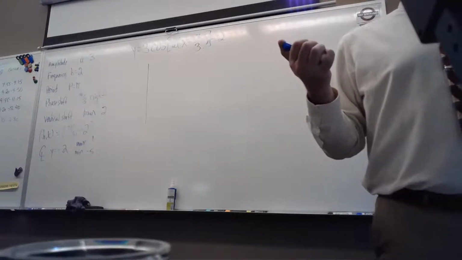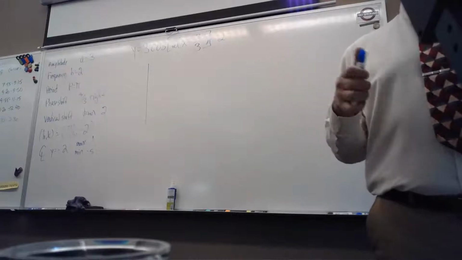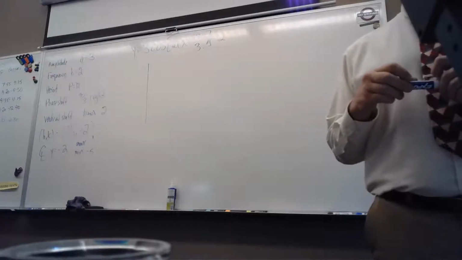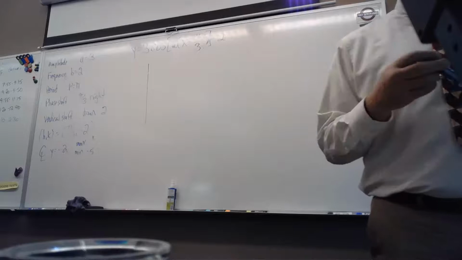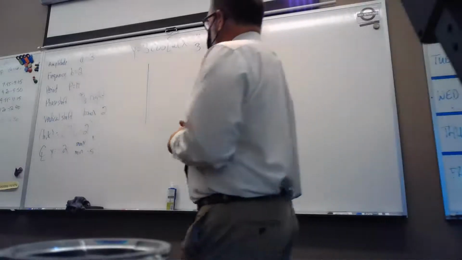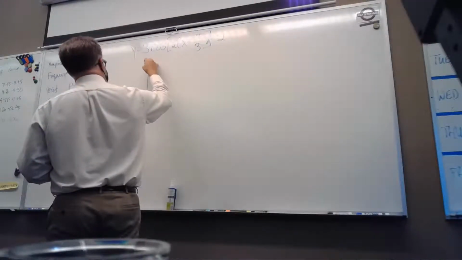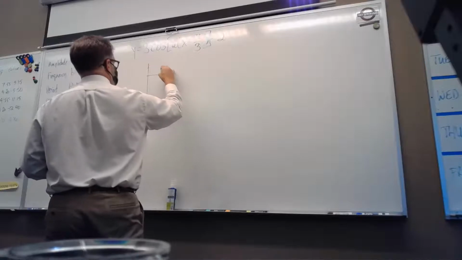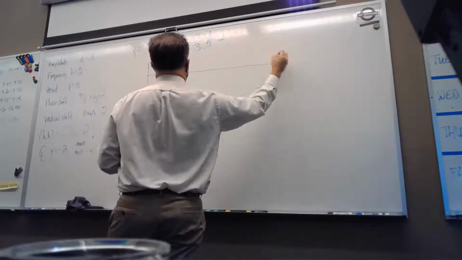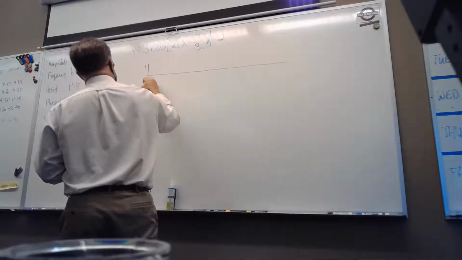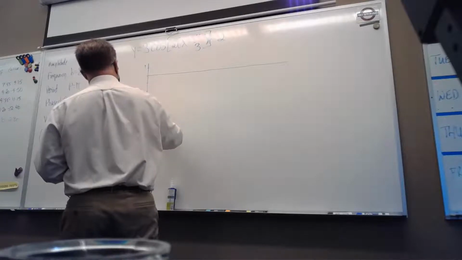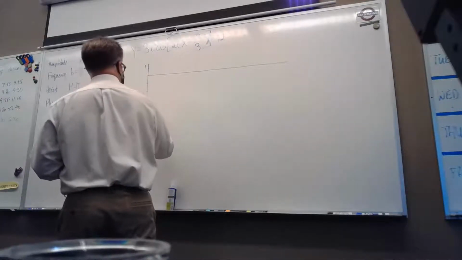Guys, this is a useful step. It's a useful step because when I draw my graph, I need to know where to put the scale. And I now know that I need to go up to 1 and down to -5.